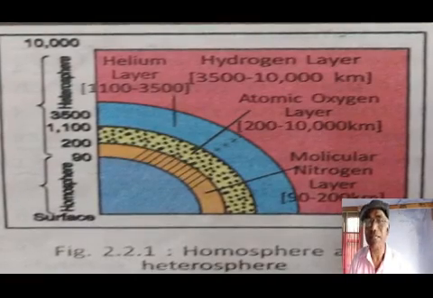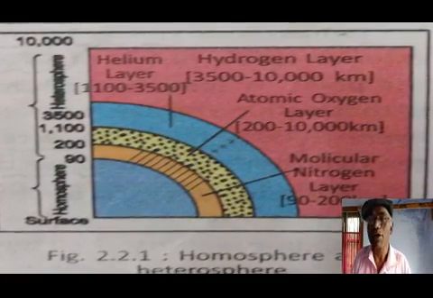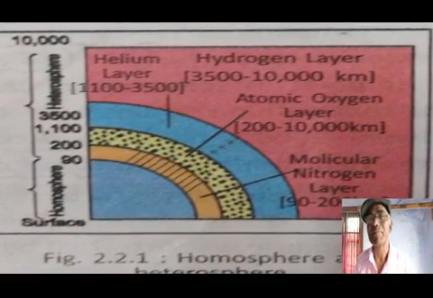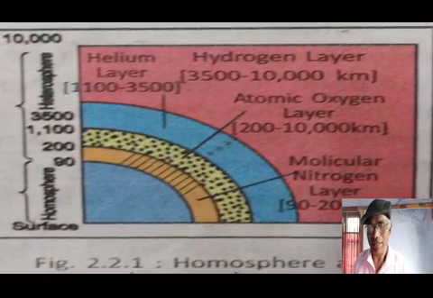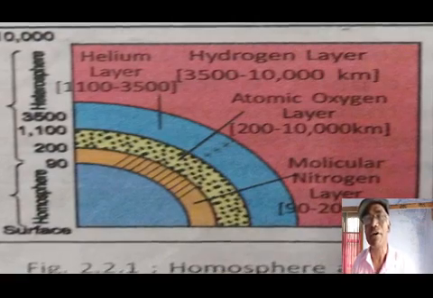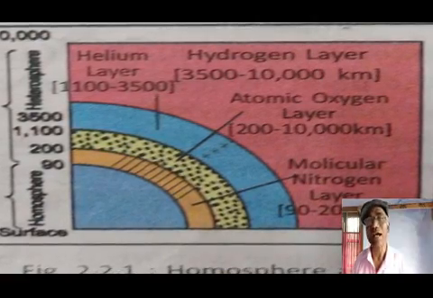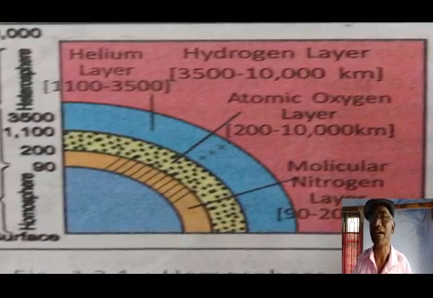According to the presence of chemical components, the lower level of atmosphere is named the homosphere, where the gases are uniformly present, and that is why it is named homosphere.